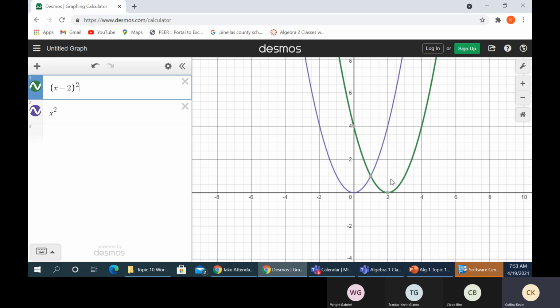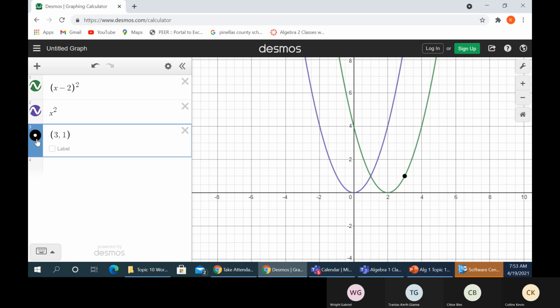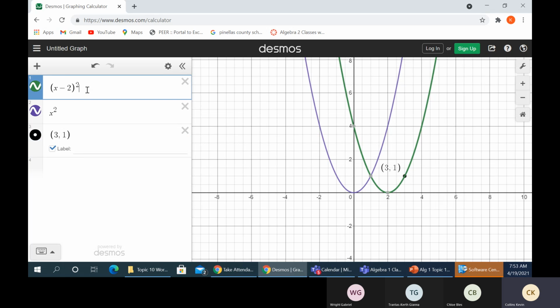So notice here we're at 1, and here we're at 1. In fact, let me pop that point in there just so we can see it. So this guy is going to be 3 and 1. All right, so let's label them. So there you see we have 1, 1 and 3, 1, and they're at the same spot. So we just move this thing over.